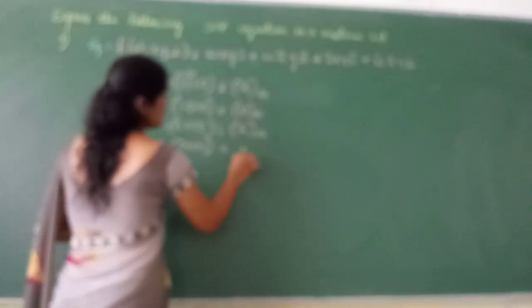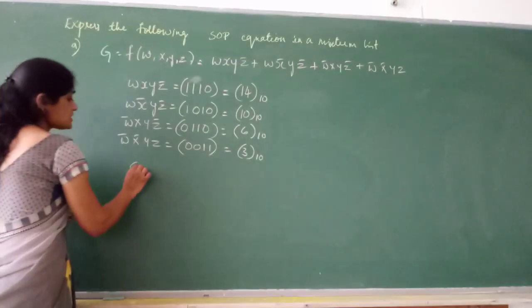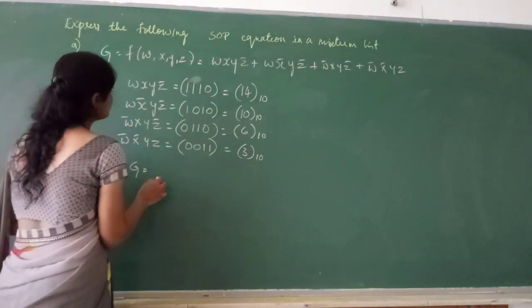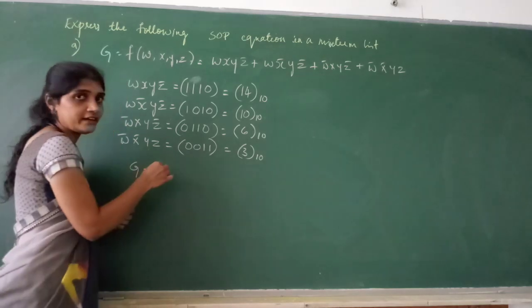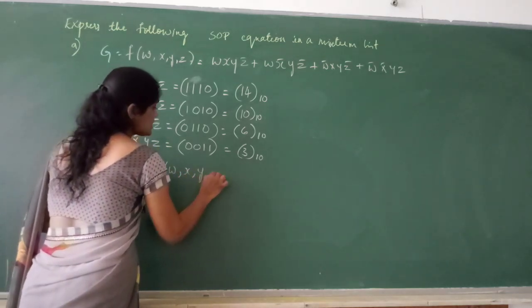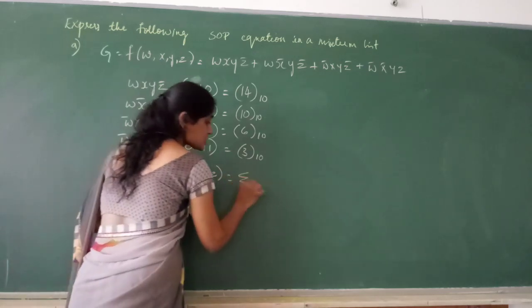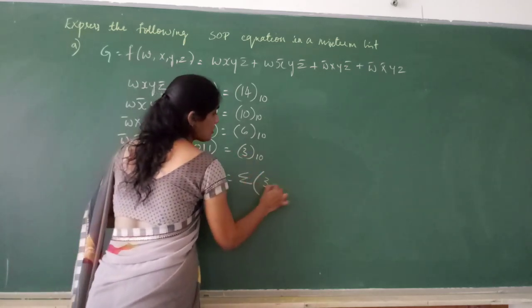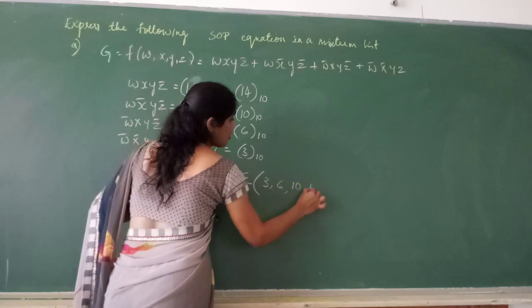And then w bar x bar y z corresponds to 0011, which is equal to 3 decimal. So for this problem, the mean terms are f of w x y z is equal to summation 3, 6, 10, 14.